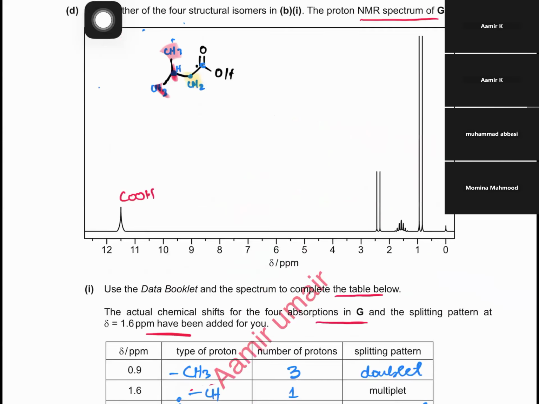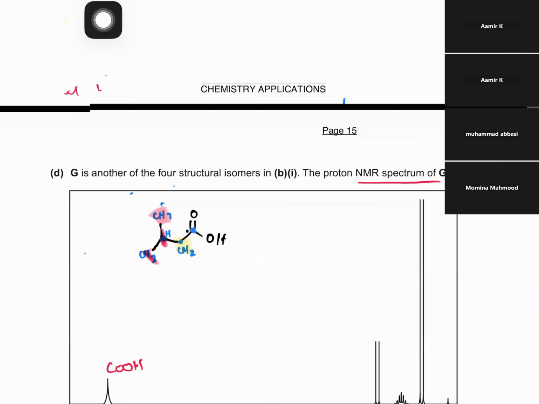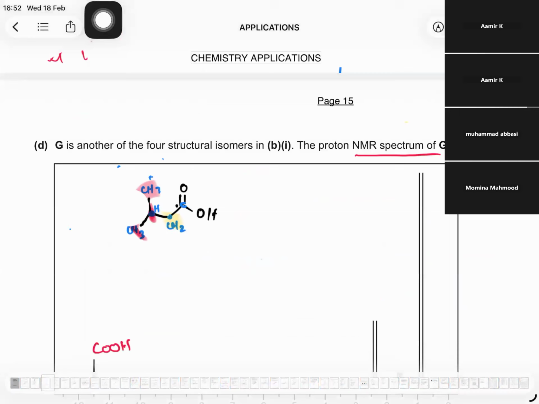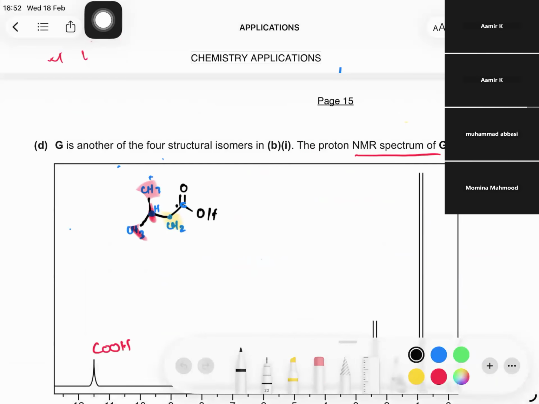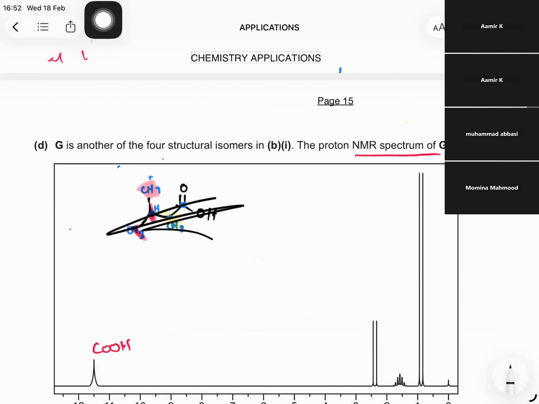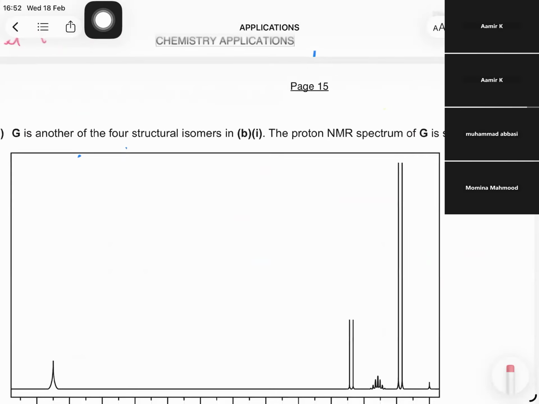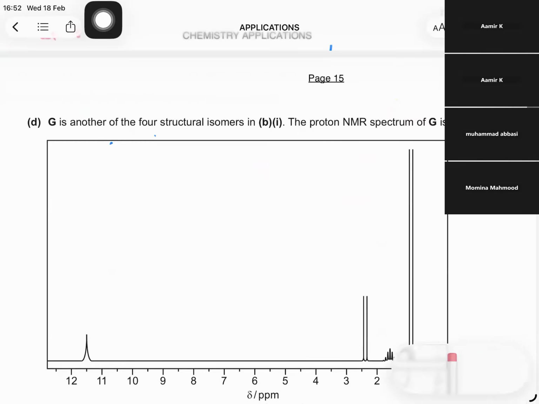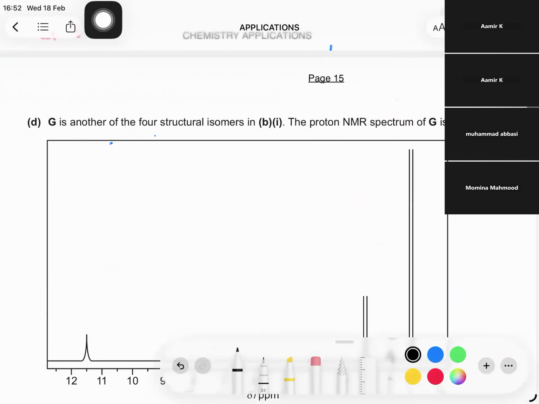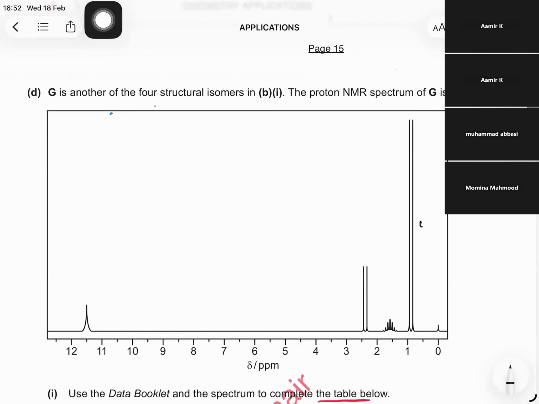So next is, here it is. G is another of the four structural isomers of B. The proton NMR spectrum of G is shown. Okay, now let's come back to this again. How many peaks in the proton NMR? 1, 2, 3, 5. Where is the fifth one?